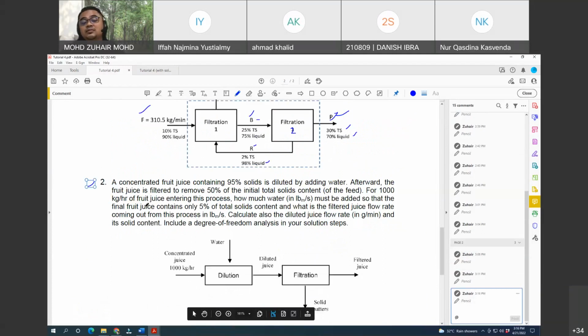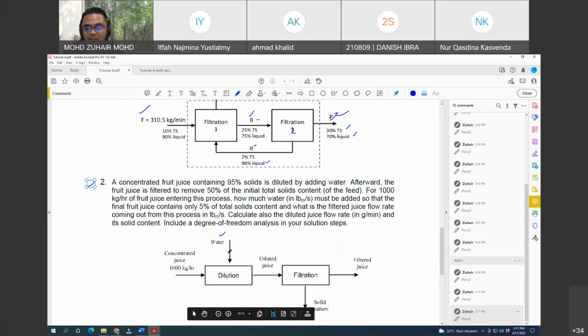A concentrated fruit juice containing 95% solid is diluted by adding water. Okay, concentrated juice 100 kg. Afterward, the fruit juice is filtered to remove 50% of the initial total solid content, and then diluted with pure water.